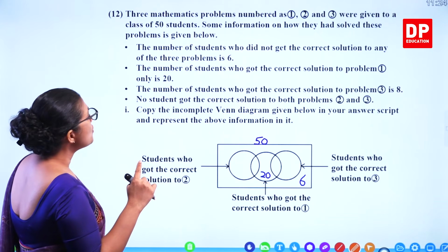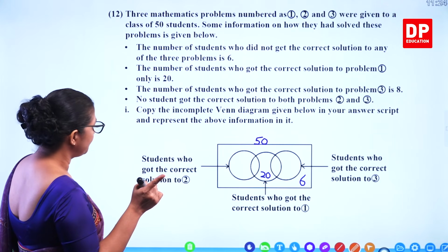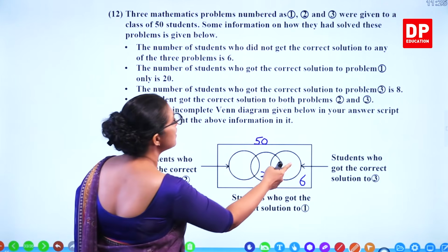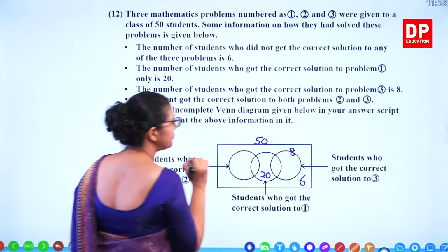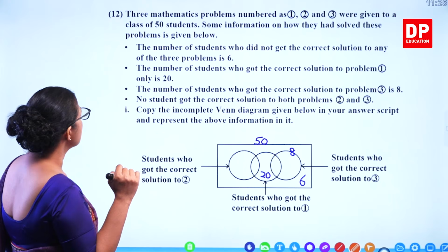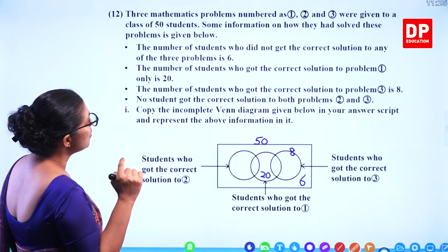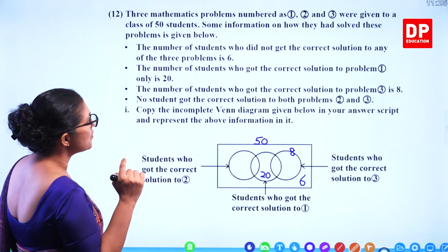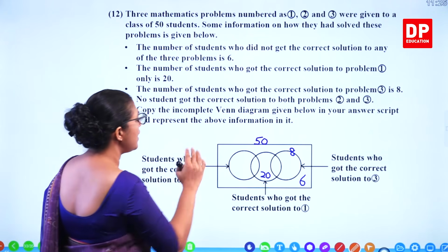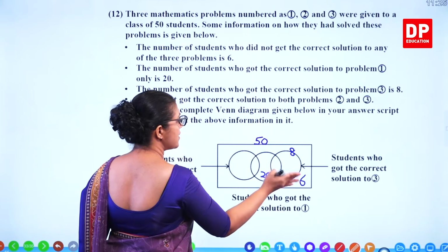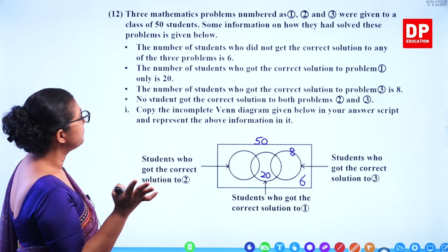The number of students who got the correct solution to problem 3, that's this circle, is 8. So that means the total, 8 students. No students got the correct solution to both problems 2 and 3. So that's why it's separated. No intersection between the circle 2 and 3.